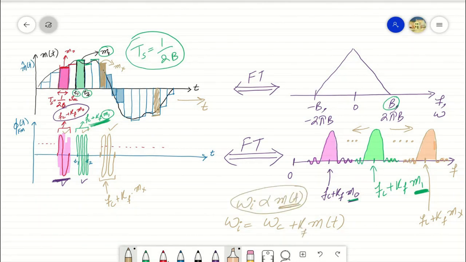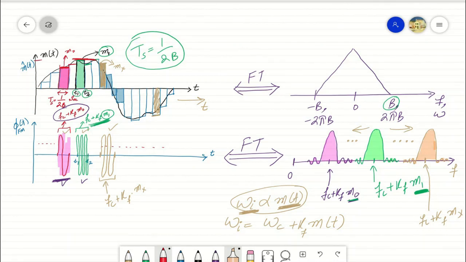Any variations in the amplitude of the information signal will cause a change in the instantaneous frequency of the modulated signal. Therefore, we will have a shift in the concentration of energy in the frequency domain plot when observing it along the time. The highest frequency for this modulated signal will be generated when positive peak amplitudes of the information signal are observed.